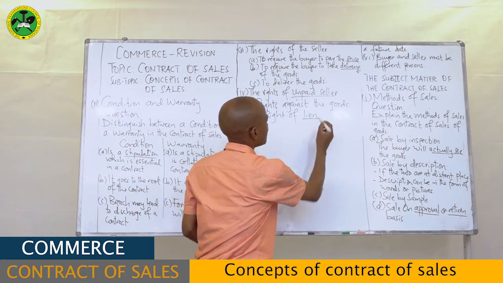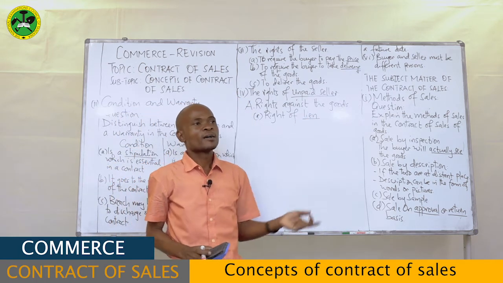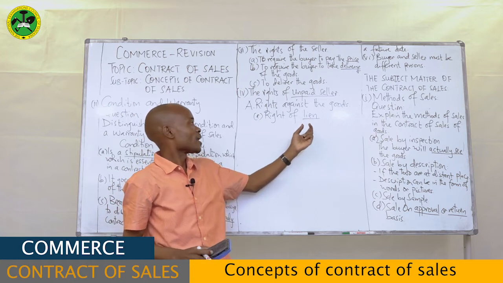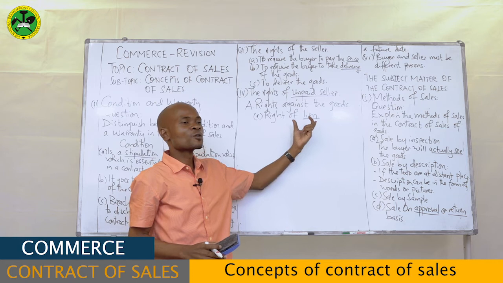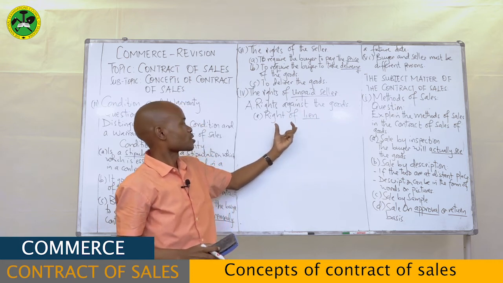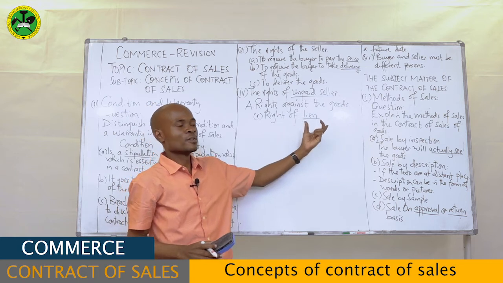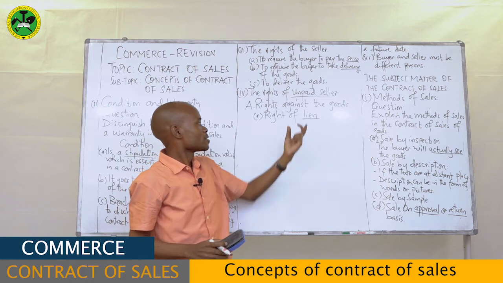By lien, we mean that if the goods are under his possession, the seller will not release the goods until he is paid.